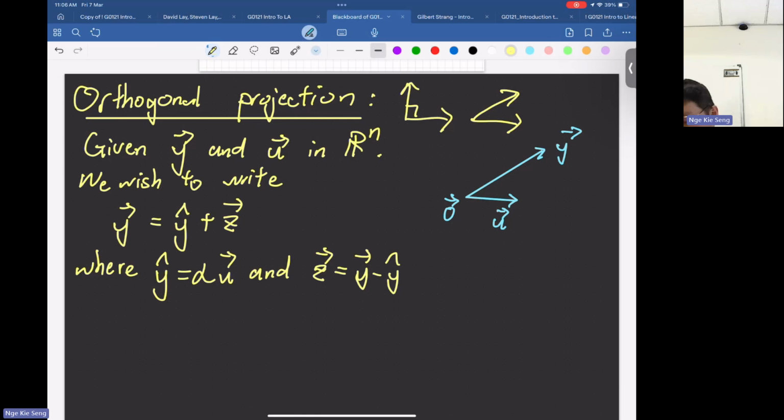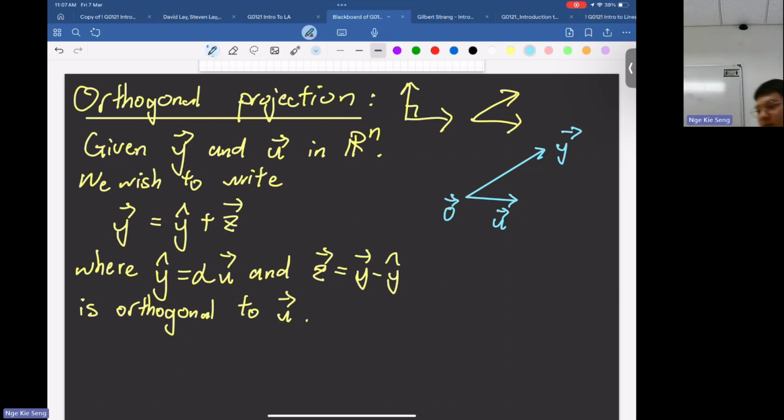So what do I mean by this? Okay, this is very diagrammatic. Just now we always split a vector into x component and y component, right? If you learned physics before, we split a vector into x component and y component. But now we're going to split y into a u component and a component orthogonal to u.